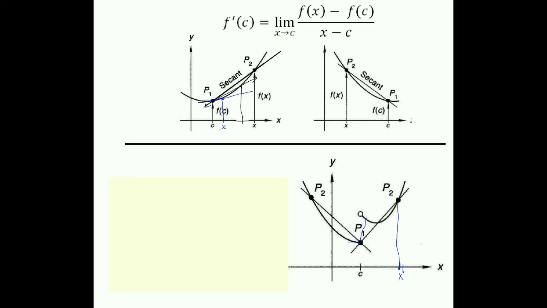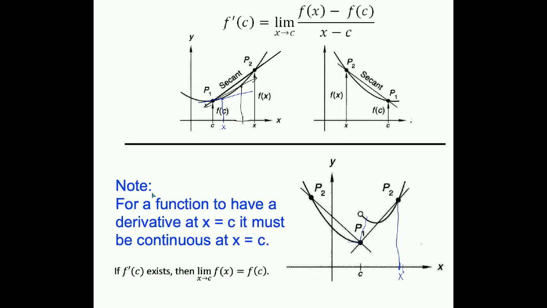And so we say that to help us realize that for a function to have a derivative at c, it must be continuous at x equals c.